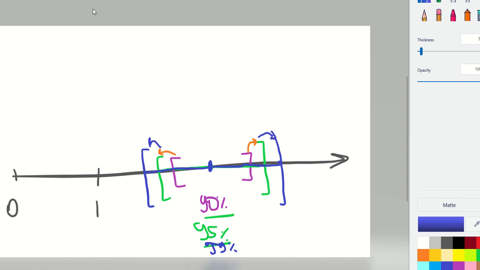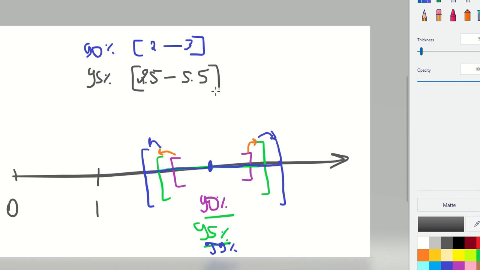Okay? So if the 90% confidence interval for a relative risk, for instance, had a lower limit of 2 and an upper limit of 3, okay, a distance of 1. If you want to calculate a 95% confidence interval, an answer that is 2.5 to 5.5 is wrong, even though here the width is 1 and here the width is 3.